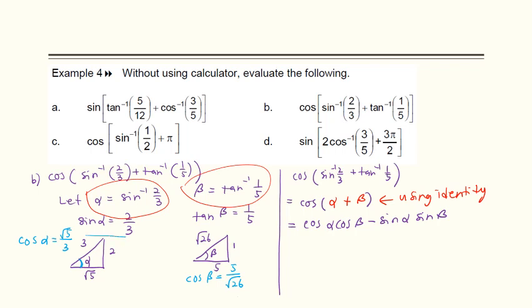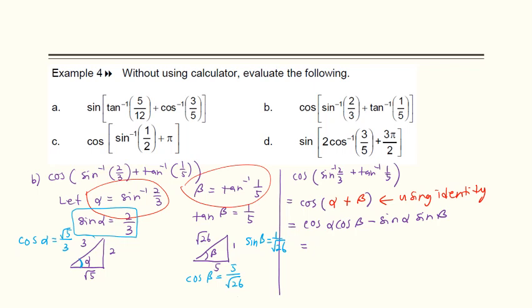Okay, sin alpha ada dah ini. Okay, sin beta ada tak? Tak ada. Cari. Okay, sin beta. Sin beta equal to 1 over square root 26. Okay. Then masuk dalam identity tadi.